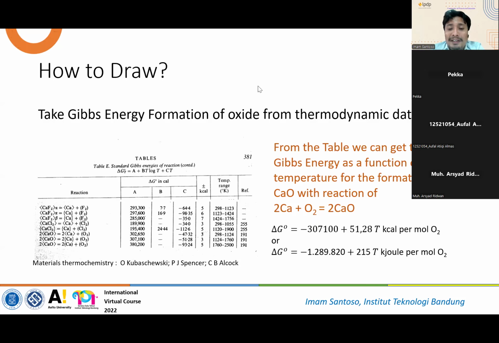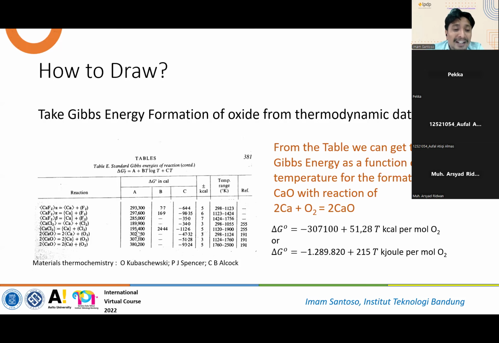For example, the delta H of CaO, you can see here CaO is in the two bottom rows, because in the table of this book, the reaction is in the form of decomposition, but the Ellingham diagram is in the form of formation. So we have to put opposite signs.